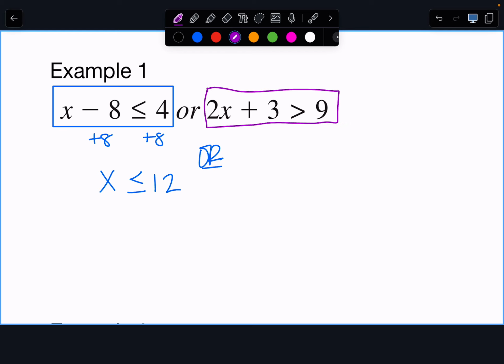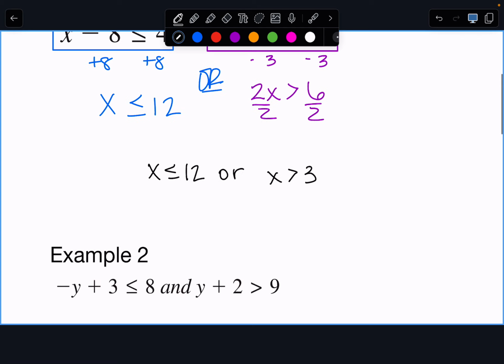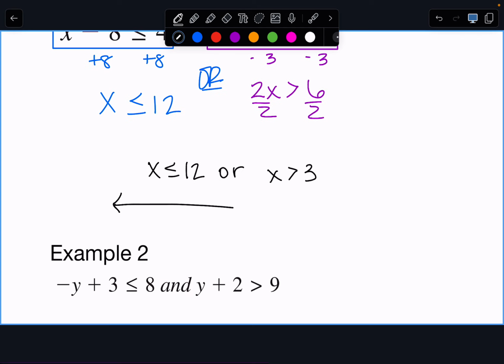What do we need to do here? We need to subtract 3 so that 2x is greater than 6. And then we need to? Divide by 2. So we have x is less than or equal to 12 or x is greater than 3. Right? Yep. Okay, now let's talk about or.